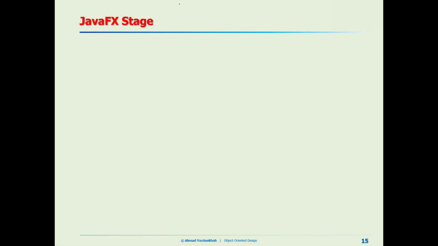Also, the main container of JavaFX is called the stage. It's the root container, the root of that tree that I talked about in the previous slide. So it's a top-level container that will contain all the other things.